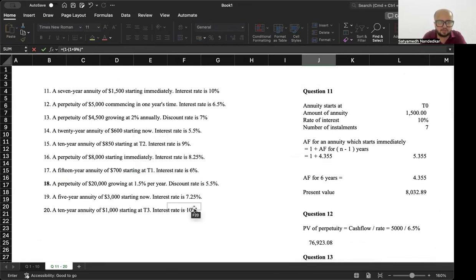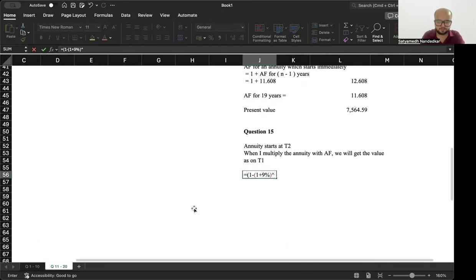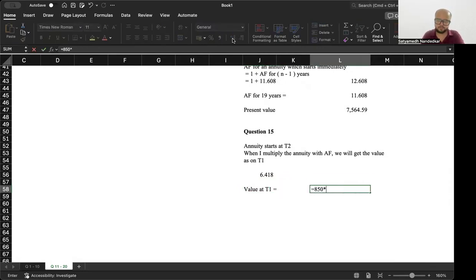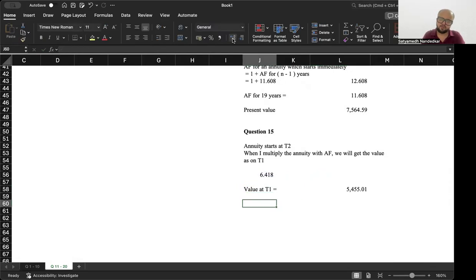What is minus n? 10 years, so minus 10. So 5455.01.